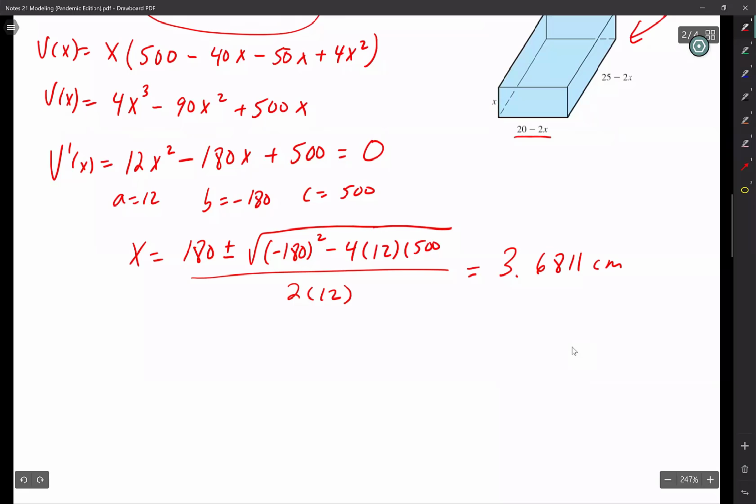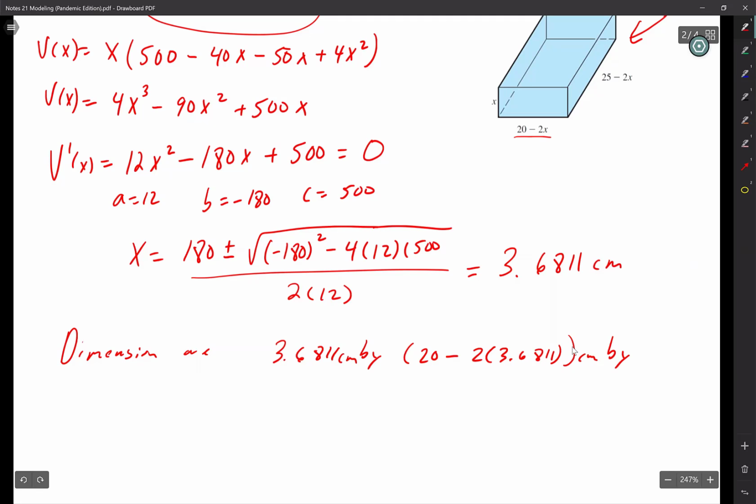Okay, so my dimensions are 3.6811 by 20 minus 2 times 3.6811, whatever that is. We're going to figure it out. And they're all centimeters, by 25 minus 2x cm. And we're going to figure out what those dimensions are in a little bit. Max volume is, and I'm going to figure out what that is in a little bit as well.